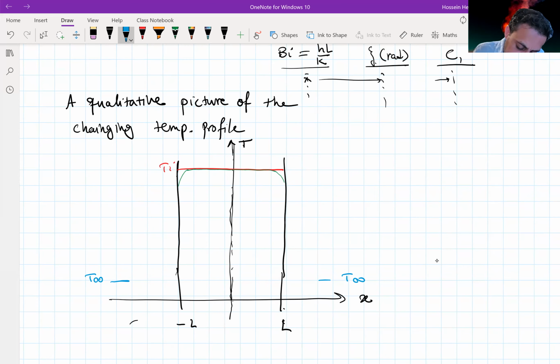So the convection would happen on both sides of the system. Now, as time goes by, the temperature starts dropping. So let's say at a later time, I'm trying just to plot it as a symmetry here.